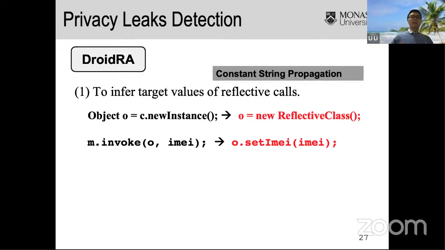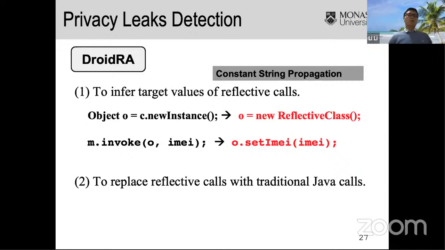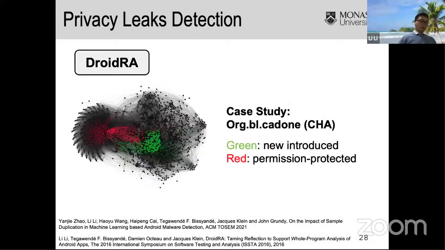If we can statically collect such information, in the next step, we could replace the reflective calls with the actual method it means to call. That means we replace reflective calls with traditional Java calls. So after this handling, Droid could directly perform reflection-aware static analysis, right?